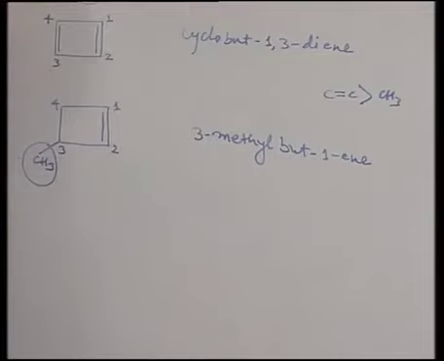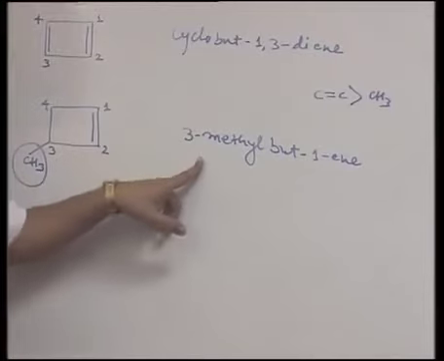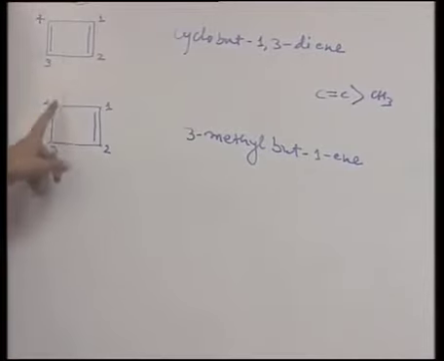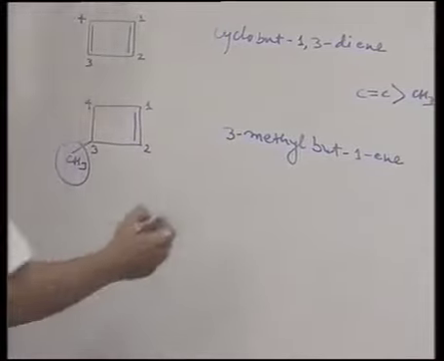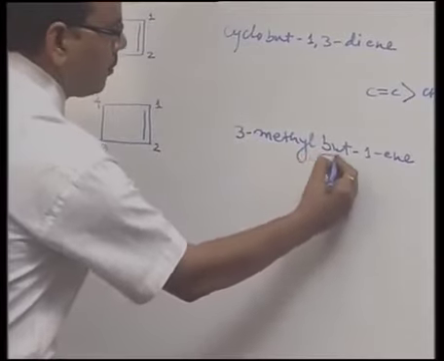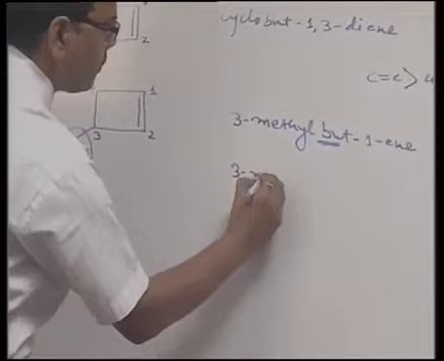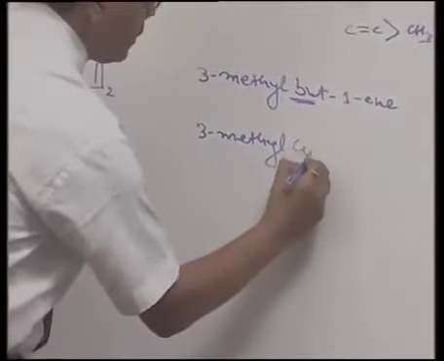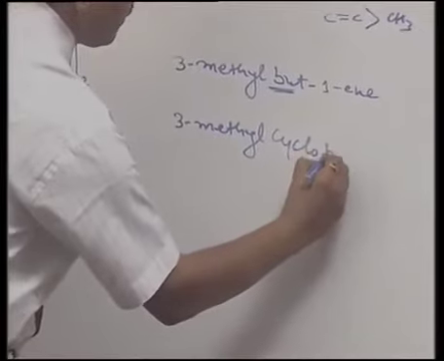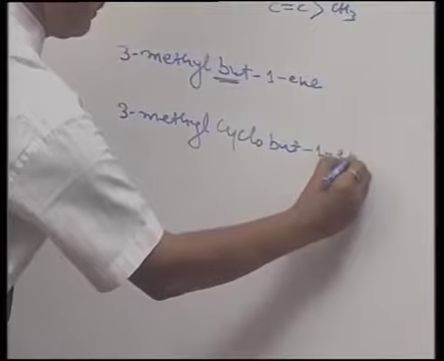The compound is 3-methylbut-1-ene. Now, just find out what is the mistake in this naming. You will see one word is missing here, that is we have not written the word cyclic. So we have to add cyclobutane at this place, and the correct name will be 3-methylcyclobut-1-ene.